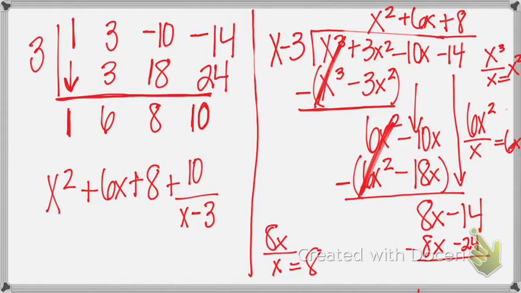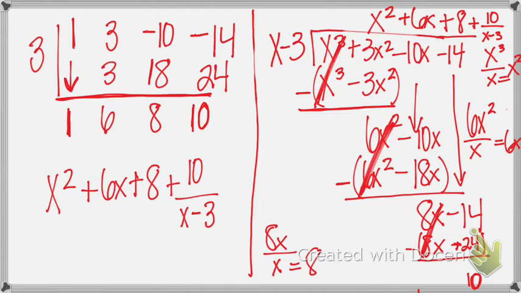All right. Subtract, but if you don't put them in parentheses, it isn't going to work. So 8x minus 8x, you cross out. And then that 24 becomes what? Positive. So negative 14 plus 24 leaves you with 10. So you have plus 10 over x minus 3 as your remainder.